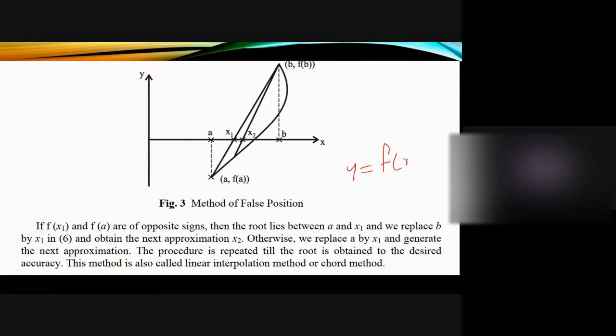When you apply some value for x like a, you may get some value f of a. Similarly for b, you will get the value f of b. The solution for y is equal to f of x means whenever you find a value for x, this function should satisfy the equation and the left hand side should be 0.